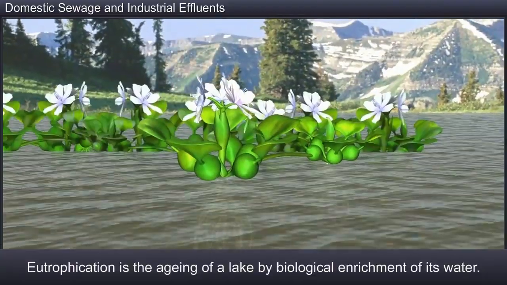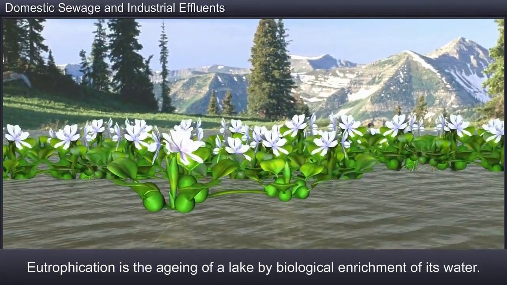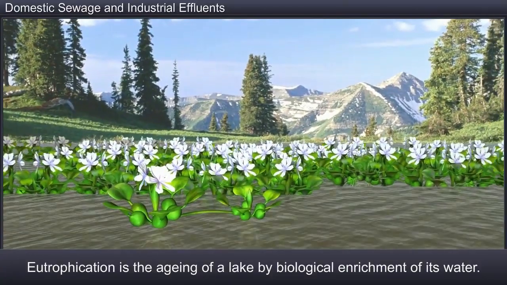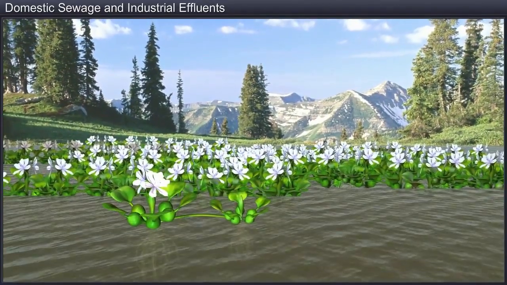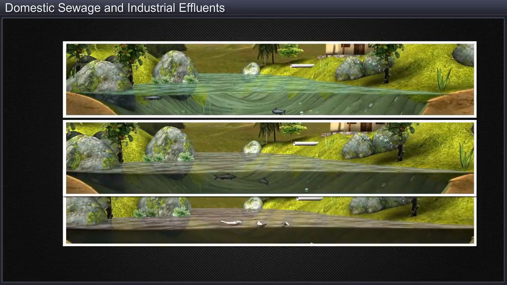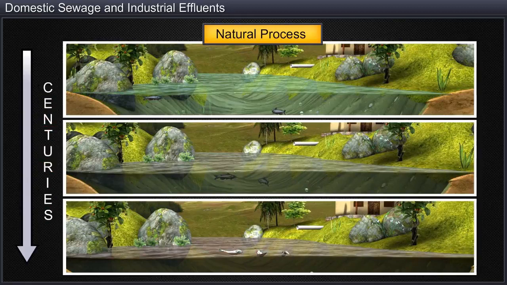Another effect of sewage is eutrophication of water bodies, which is nothing but the aging of a lake by biological enrichment of its water. Usually, eutrophication of a lake is a natural process that may take thousands of years depending on climate and the size of the lake.